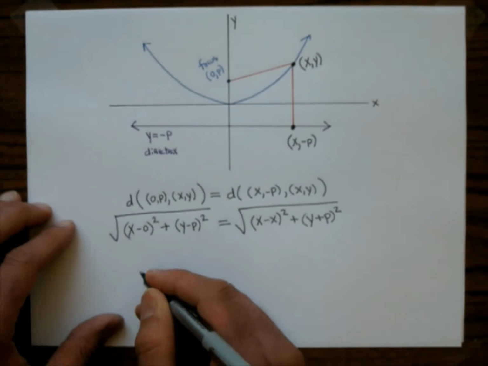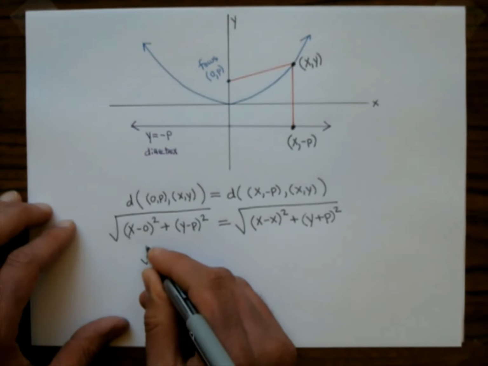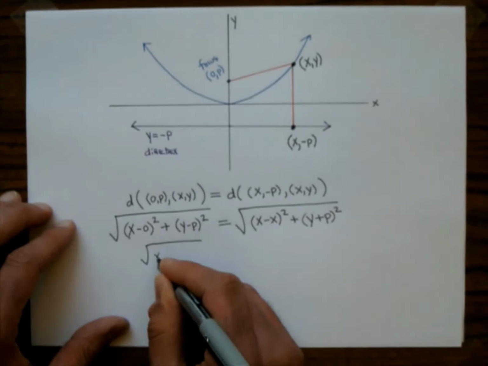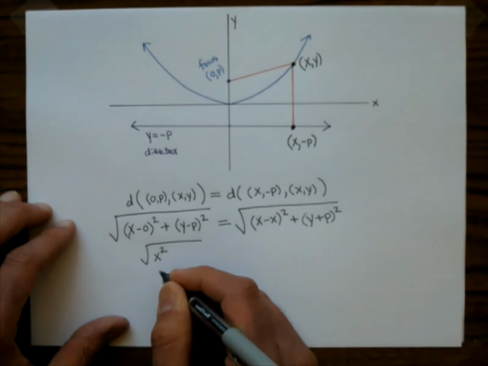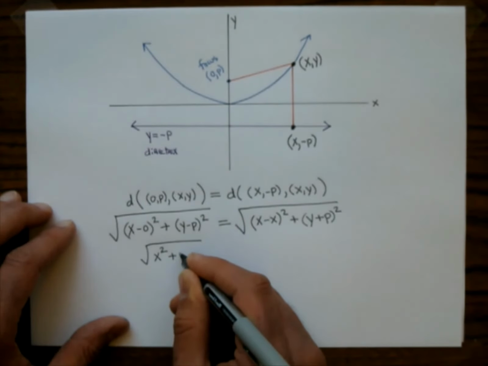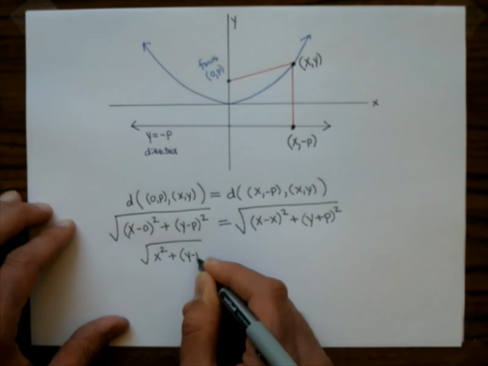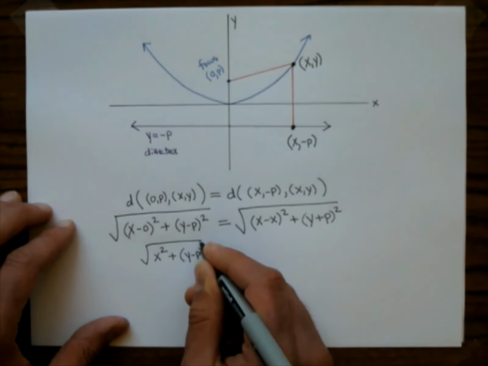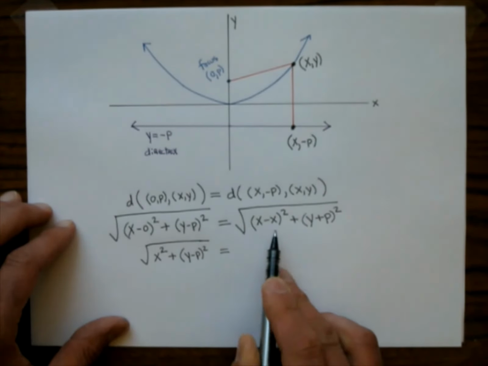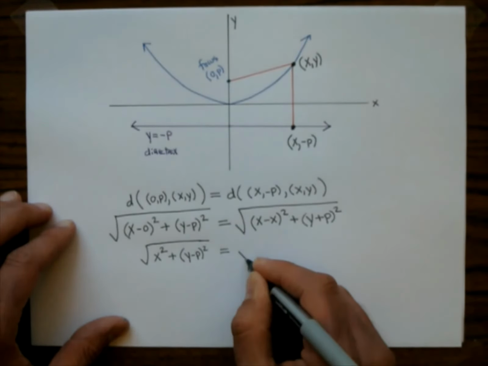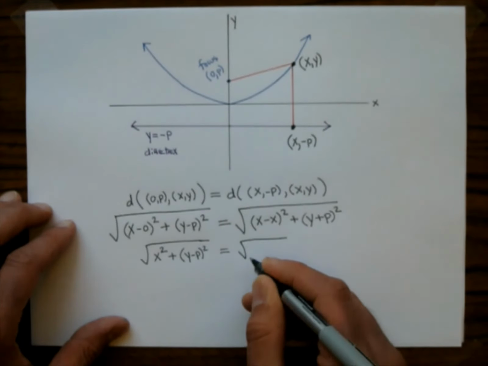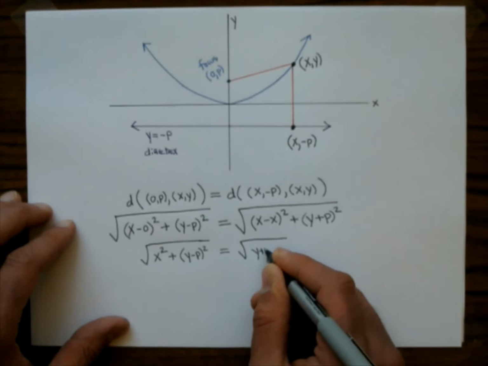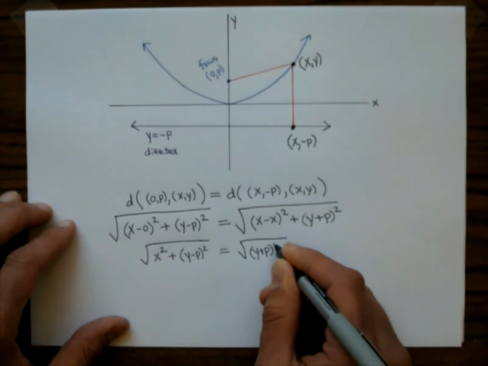Okay, on the left hand side, I end up getting square root of x squared plus y minus p squared. And on the right hand side, that is 0, and I'm just going to be left with square root of y plus p squared.